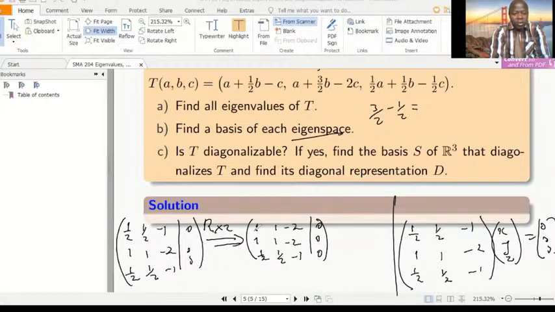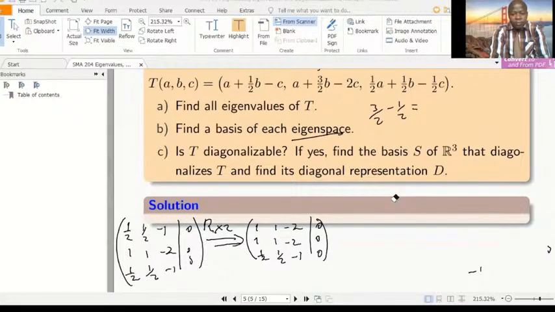Now use this first row to create a 0 in each of these other rows. The first row stays the way it is; just subtract it from row 2 and you have 0, 0, 0. Multiply by a half and subtract from row 3 and you get 0, 0, 0.